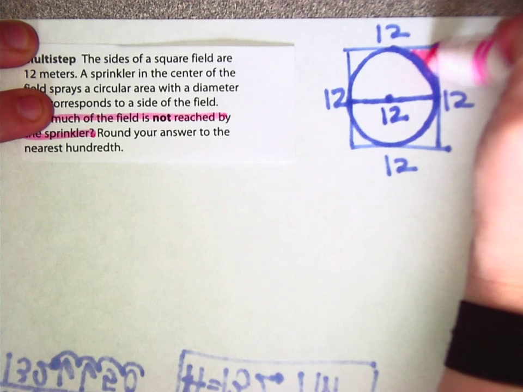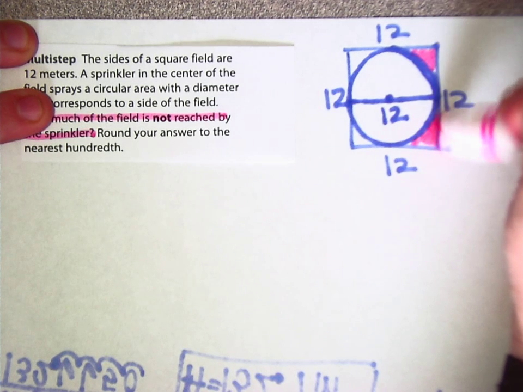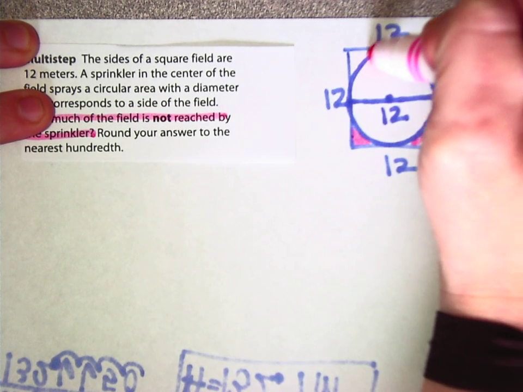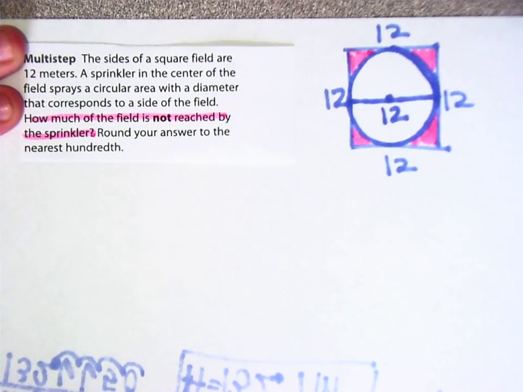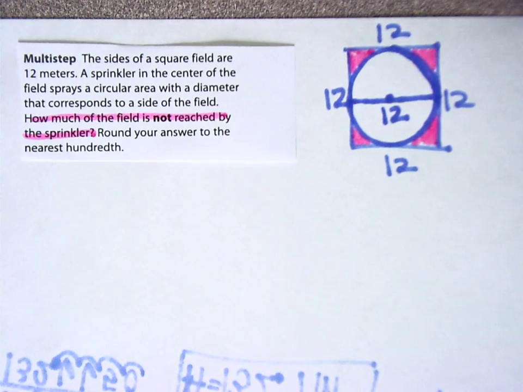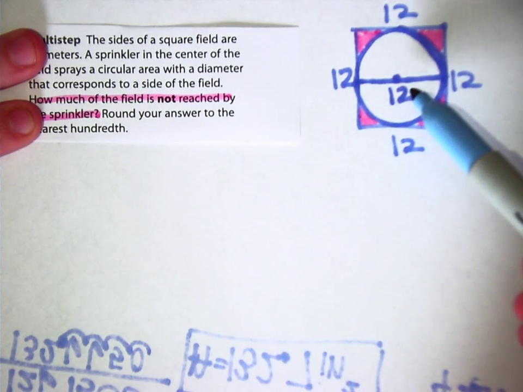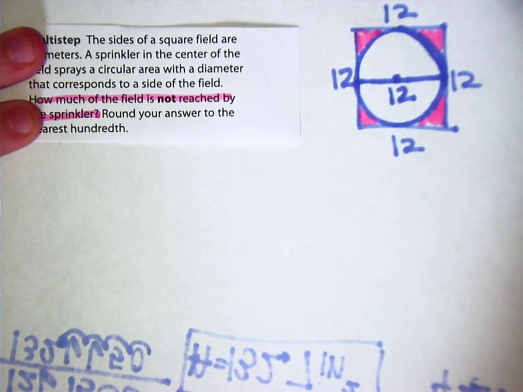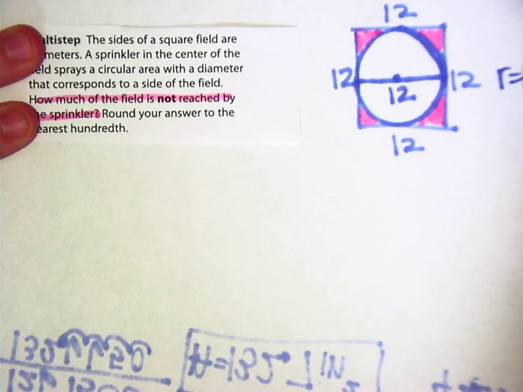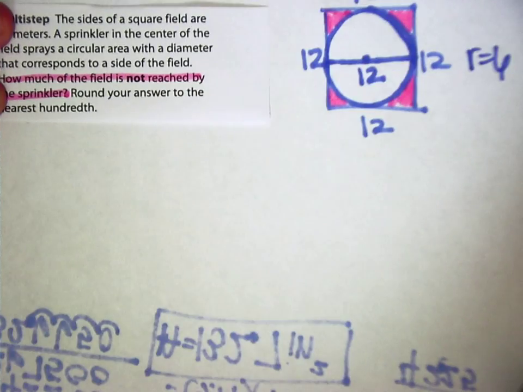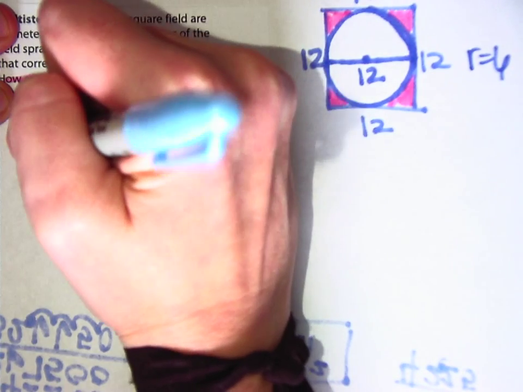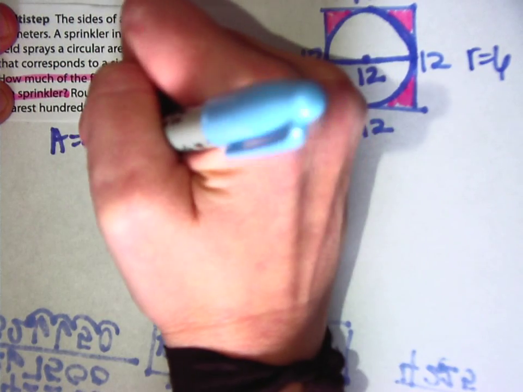So we're trying to figure out what the area is of all this space right here. Okay? So we're going to follow the steps that we did in example 3. So first, let's find the area of the circle. It gives us the diameter, but we need to figure out what the radius is. We know that the radius is half the diameter, so that is 6. Okay? So that's area equals pi r squared.